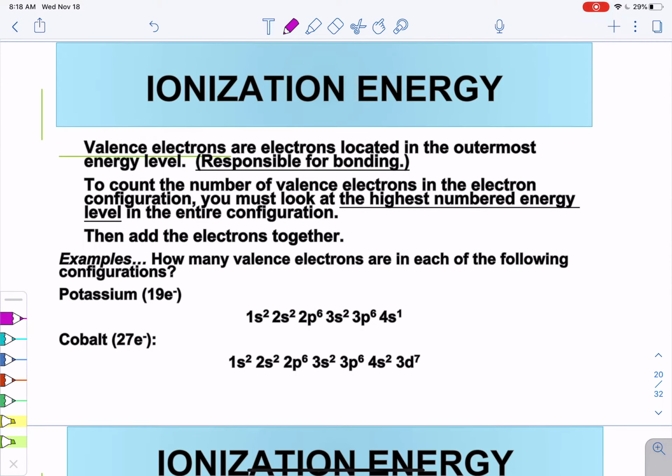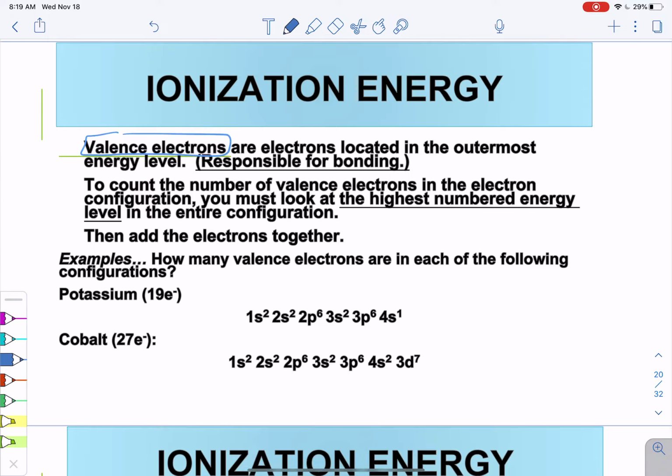Okay, so let's look at ionization energy. Before we understand ionization, we have to understand valence electrons. I've kind of already told you about valence electrons in other videos, but now's the time for me to officially teach it to you. So this is a term that you're going to need to know: valence electrons.